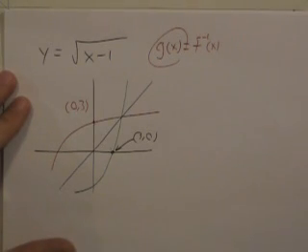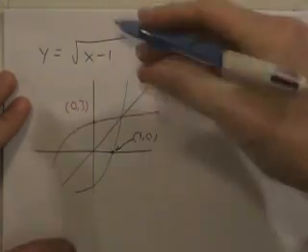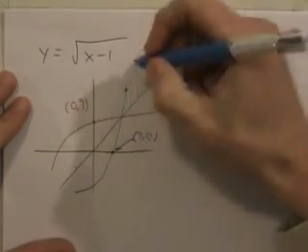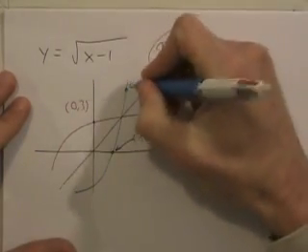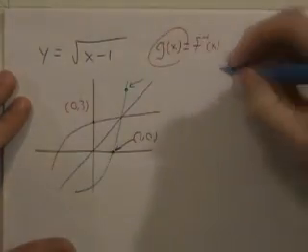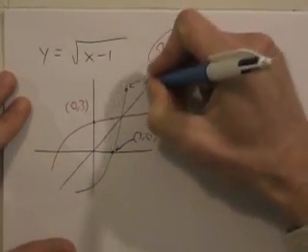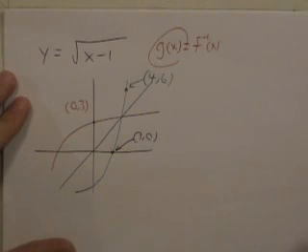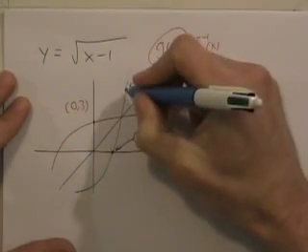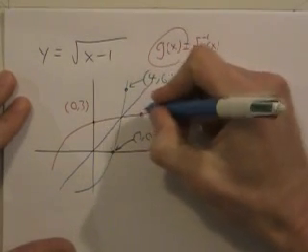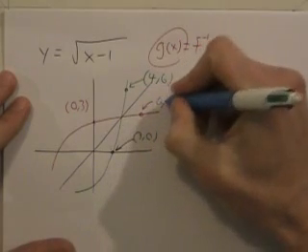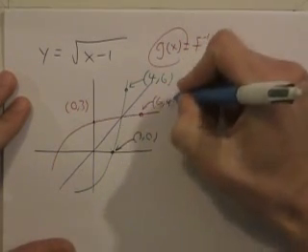If I highlight another one, I want to point out something that's also of interest here. Let's suppose that this point is (4, 6). Then there's a corresponding point on the inverse that would have to be (6, 4).